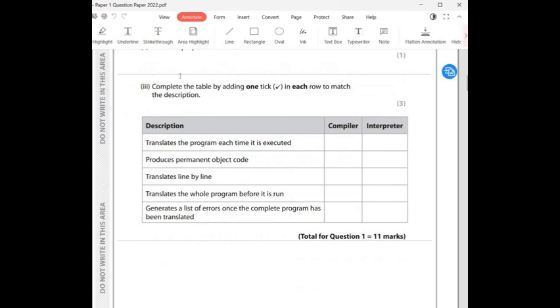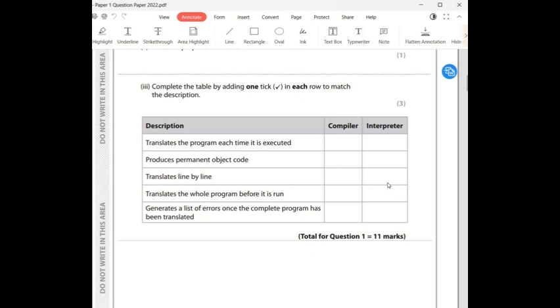Part 3. Complete the table by adding 1 tick in each row to match the description. The interpreter will translate the program each time it's executed. The compiler will produce a permanent object code.